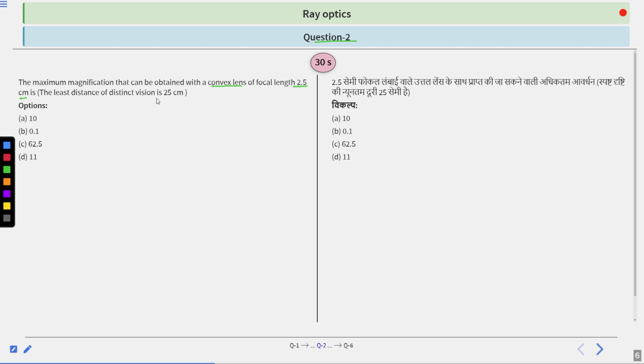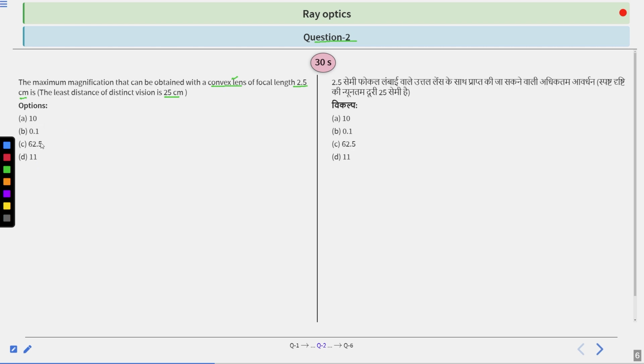So the question asks about the maximum magnification that can be obtained with a convex lens. Given options: option A is 10, option B is 0.1, option C is 62.5, and option D is 11. So which option is correct?